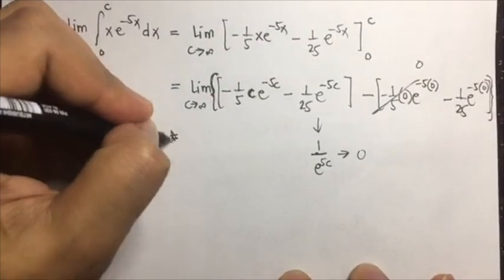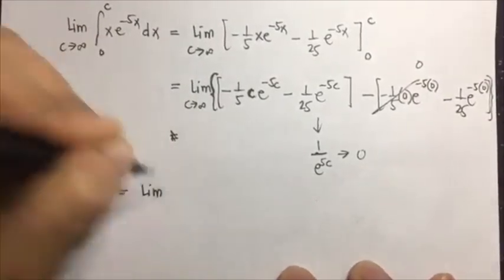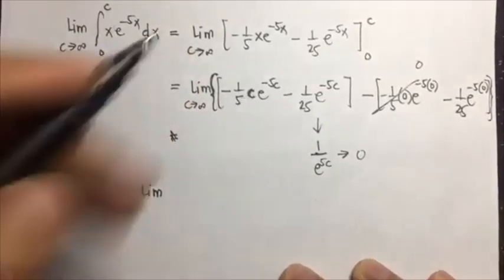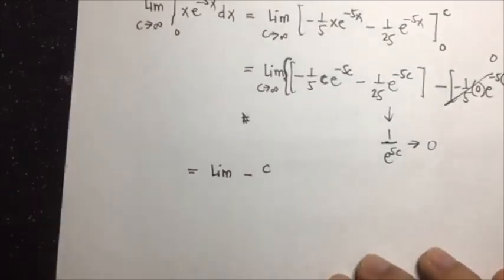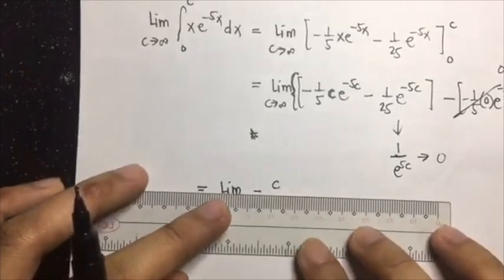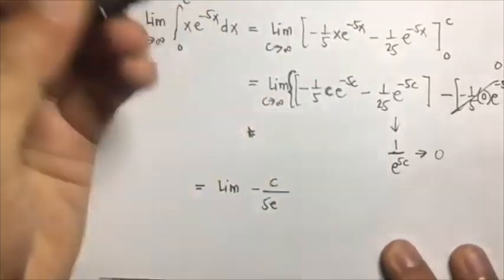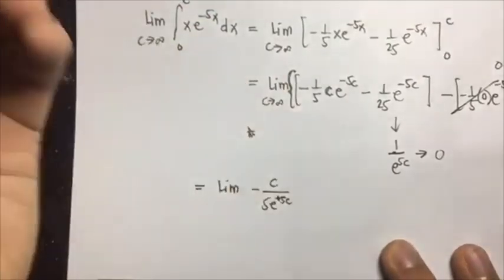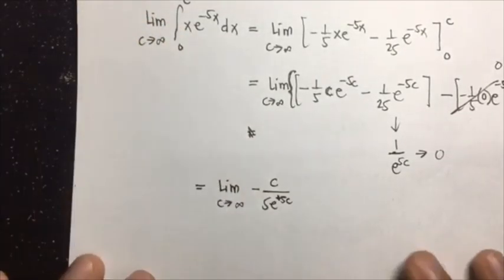And if c approaches infinity, therefore this will approach 0. So simplifying, so where was I? Here we have the limit of, we can express this as negative c over 5e raised to positive 5c as c approaches infinity.